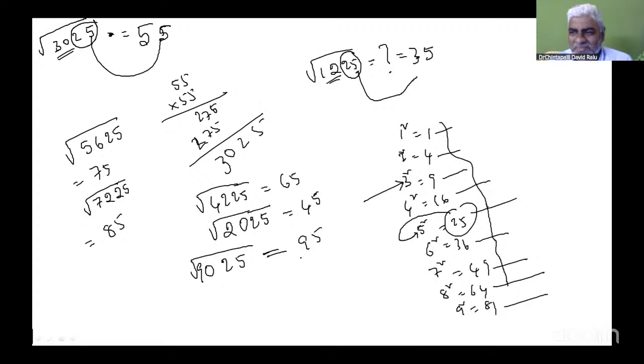Got confidence? Yes, sir. In the first phase, I taught you to find the square roots of numbers ending with 5, right? Yes, sir. In the next class, we will learn it for numbers ending with any digit, right? Okay, sir.